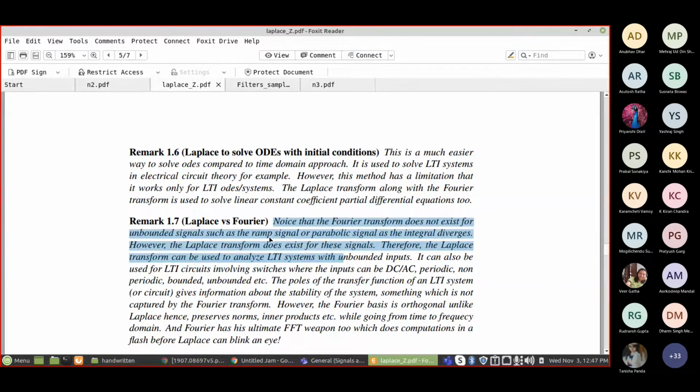But these do appear in practice. In electrical or other systems, you will encounter these kinds of signals. So Fourier gives up, cannot do anything. But Laplace, with its ROC, gives transforms, and you can still go to the frequency domain and do things.